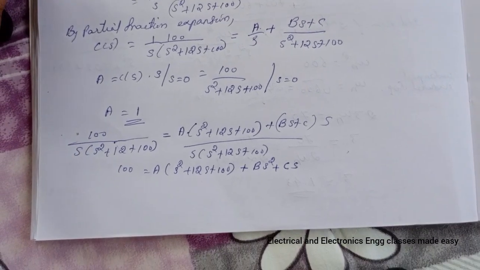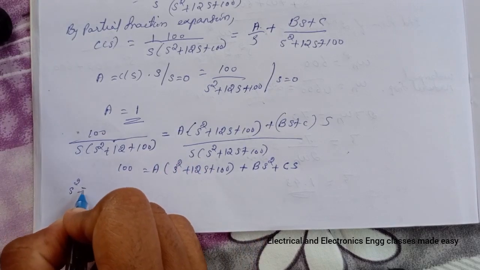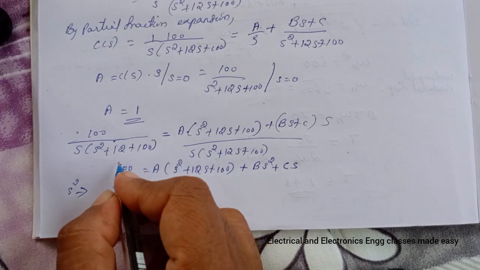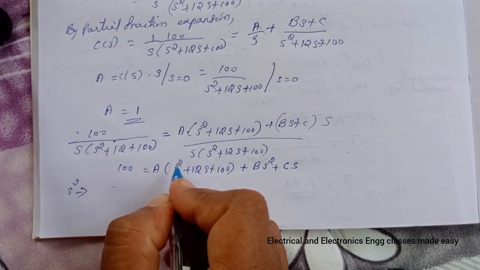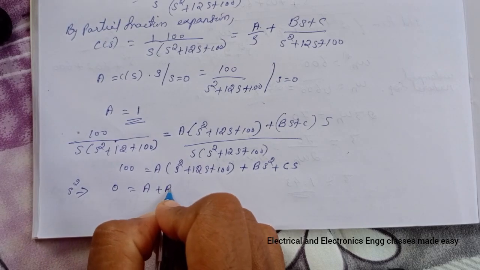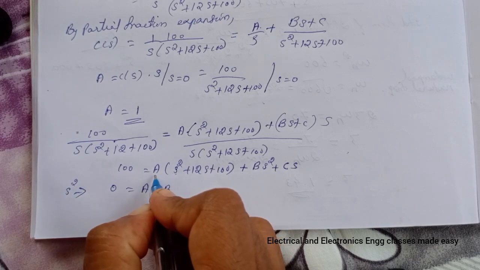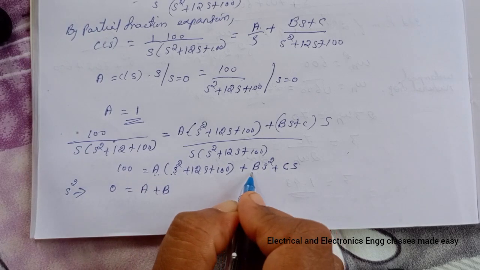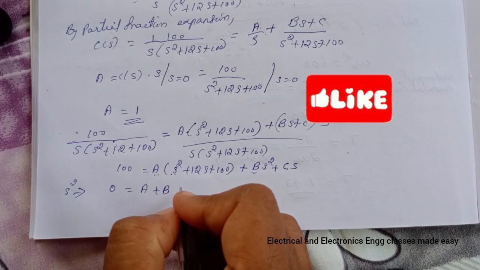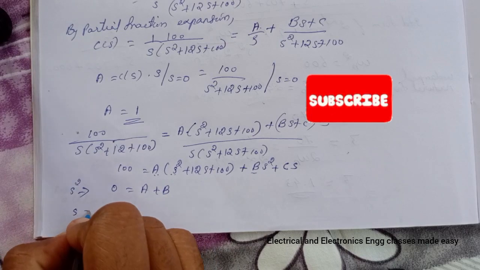By equating the coefficients of s square, there are no terms of s square on the left, so 0 is equal to A plus B. Now equate the coefficients of s.